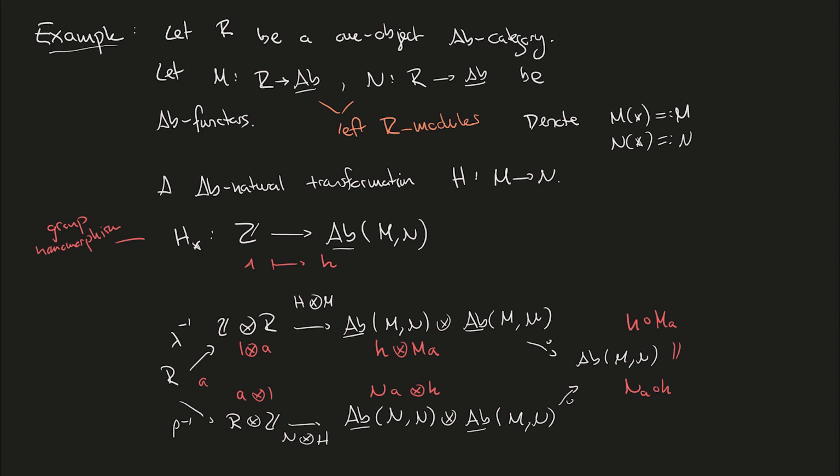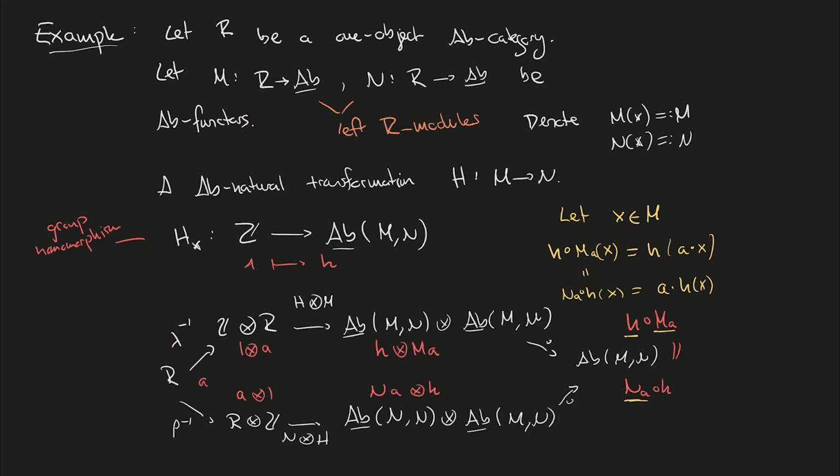Let's see what we have here. Well, h is a map from M to N, while MA is an endomorphism on M, and NA is an endomorphism on N. Now let X be some element of M, and recall that we interpreted the endomorphism MA as scalar multiplication on the left by A. So what this equation is saying is that h after MA of X, which is just equal by our interpretation to h after A times X, should be equal to NA after h of X, which is equal to A times h of X. So we can rewrite this as just mapping A times X under h.